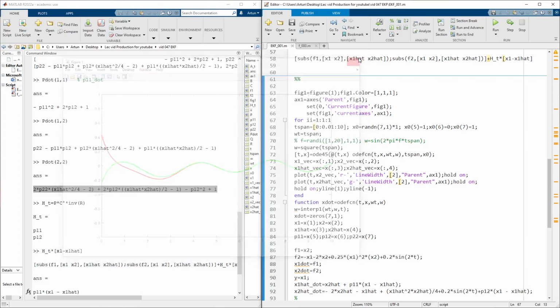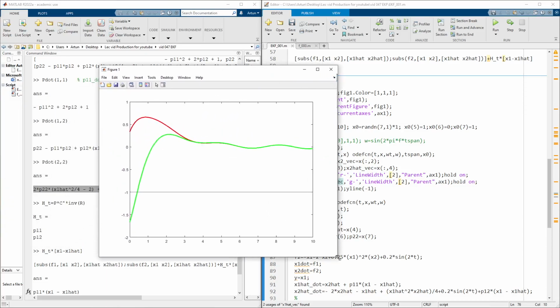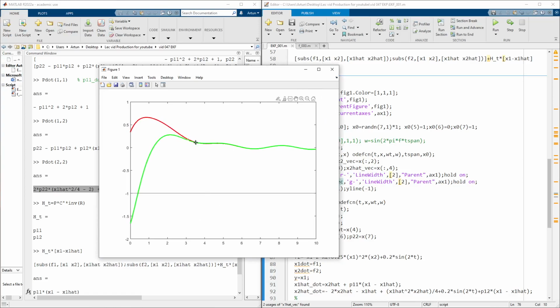Okay, and let's do the same for x1, like x1 of our plant, and x1 hat. All right, let's do that. Okay, again, the error between them converges to 0, right? Okay.